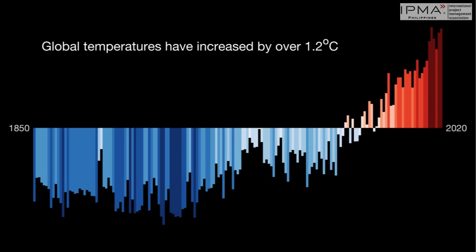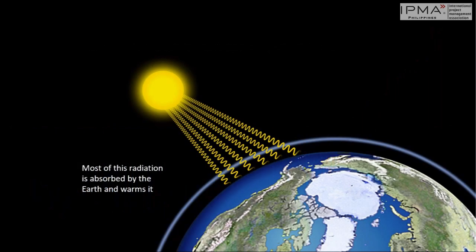To give you a brief explanation about global warming, I would like to show you some short slides. See here, most of the radiation coming from the sun is being absorbed by the earth in order to warm our planet, and that is necessary for us to survive. Without a certain level of carbon that blankets our planet, we would all be freezing.